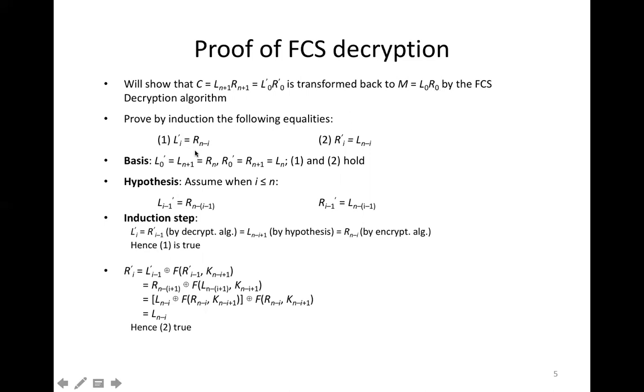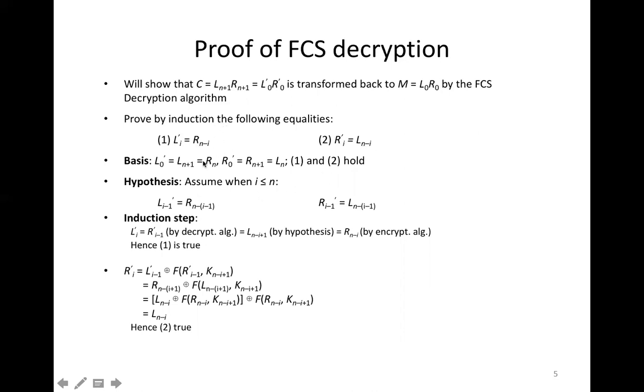So when i is equal to n, L sub n prime is equal to R0. Similarly, for any i, R sub i prime is equal to L sub n minus i.